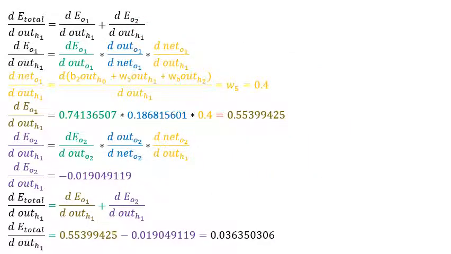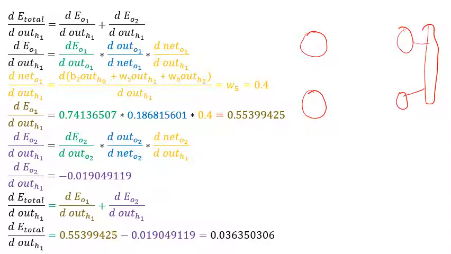As I have said, this is my hidden layer, right? First node and second node, and I need to calculate the total derivative of this w1 with respect to the total error, which is here, right? So I take the derivative of out h1, right? I need to take a derivative of this total error with respect to out h1 in my first step. So as you know, my total error is the sum of eo1 and eo2.